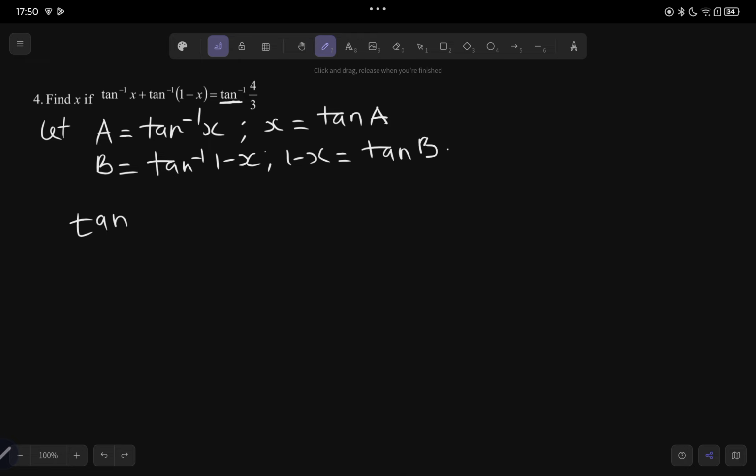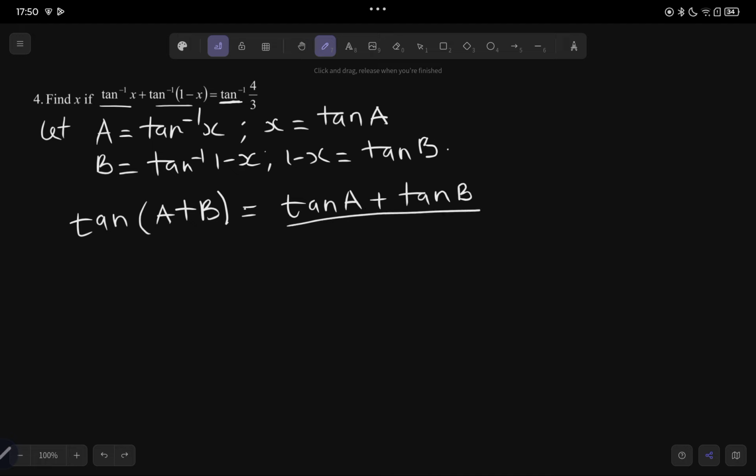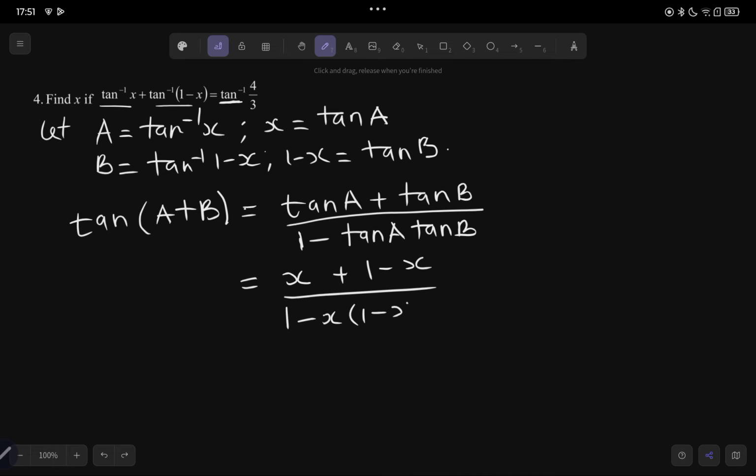So tan of A plus B. Now I'm on the left because this is A, that is B. Tan of A plus B is tan A plus tan B over 1 minus tan A tan B. So we shall have x for tan A plus 1 minus x for tan B out of 1 minus x times 1 minus x.